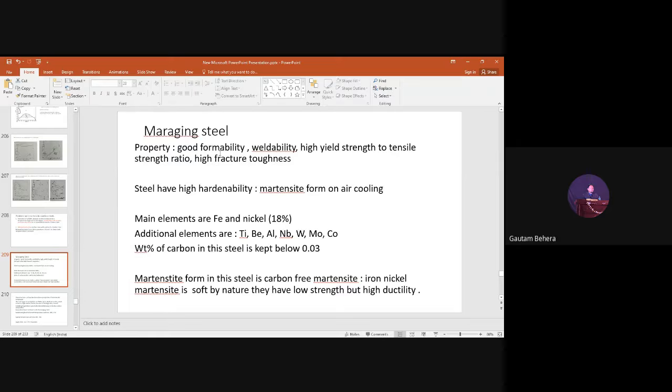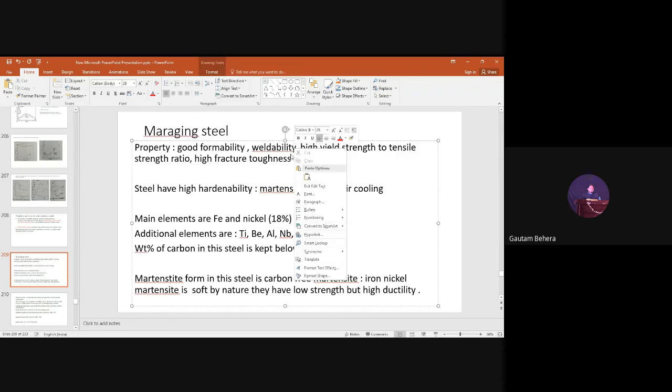You can see the interesting point is the property. It has good formability, weldability, high strength, high yield strength to tensile strength ratio, high fracture toughness. These are very interesting points.